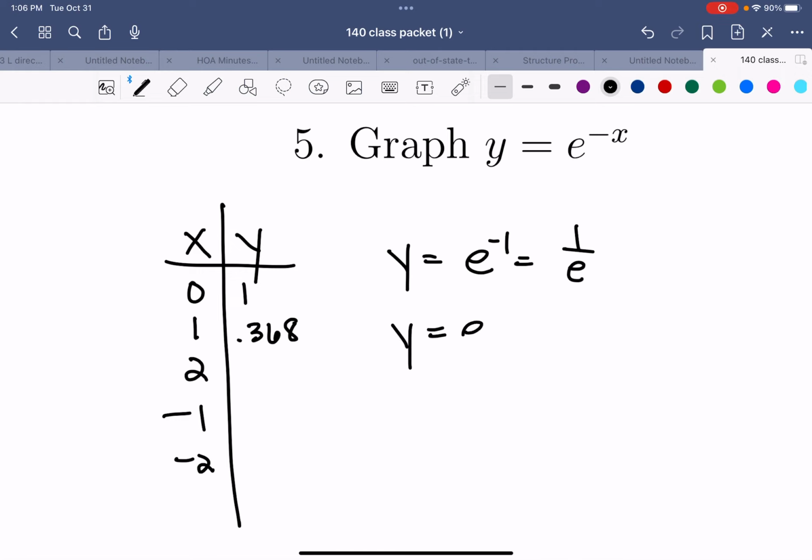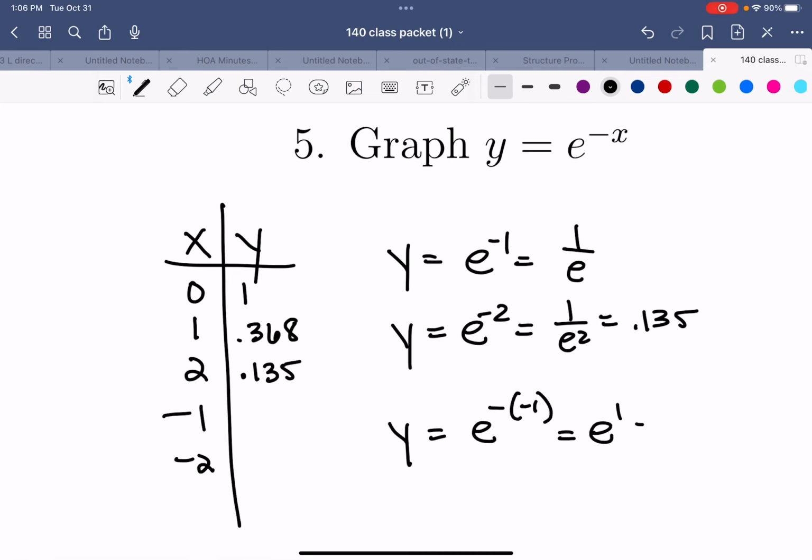For 2, we get e to the -2. That's 1 over e squared. And we get 0.135. Now, when we plug in -1, you get e to the negative times the -1 becomes e to the +1, or just e.